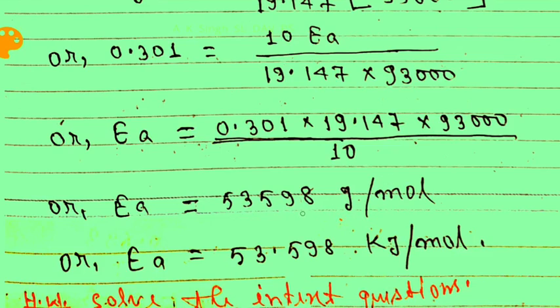You can convert it into kilojoule also, or EA is equal to 53.598 kilojoule per mole. You can write the answer in joule also or in kilojoule also, no problem in it.